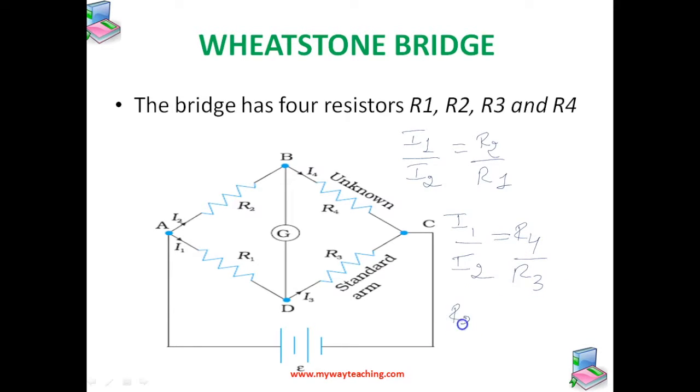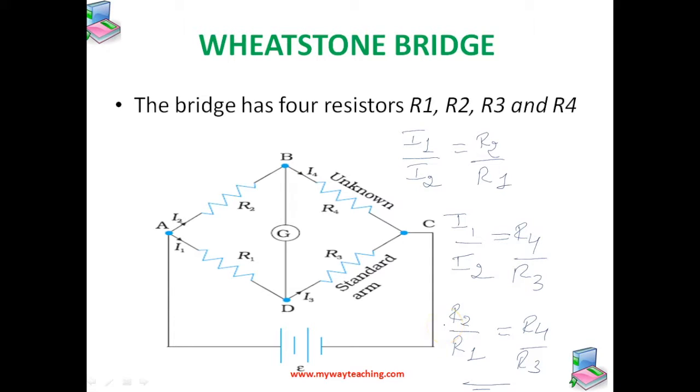So we can write R2 by R1 is equal to R4 by R3. This last equation relating the four resistors, we call the balance condition for the galvanometer to give zero or null deflection.